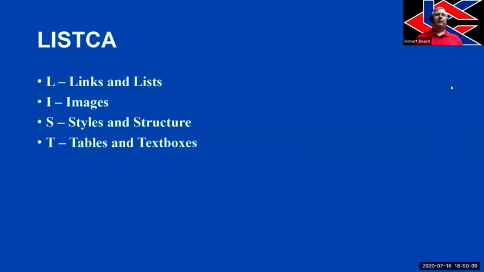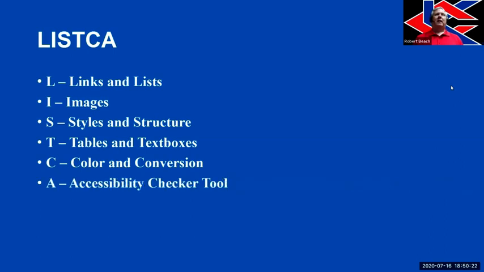T is for tables, but also for text boxes. C is for color, but also conversions because we want to convert our accessible Word documents into other formats and maintain their accessibility. A is for the accessibility checker tool. I think everybody should know how to use and should use the accessibility checker tool on their documents.